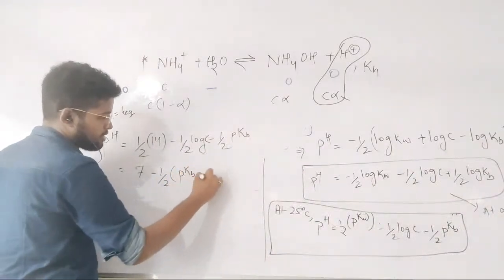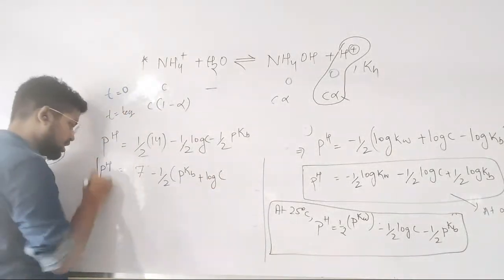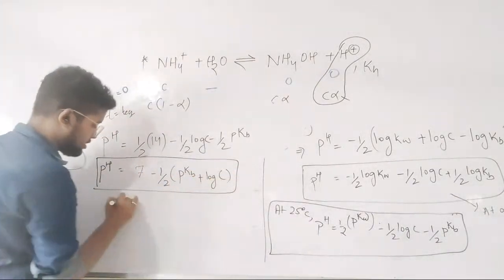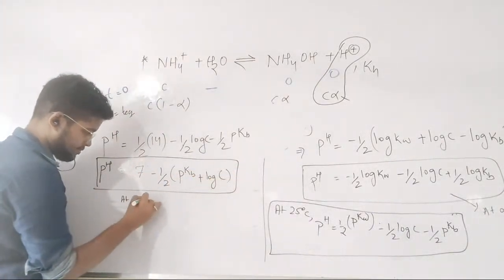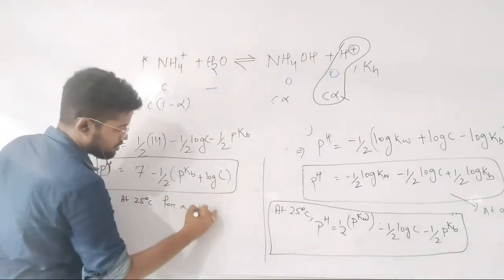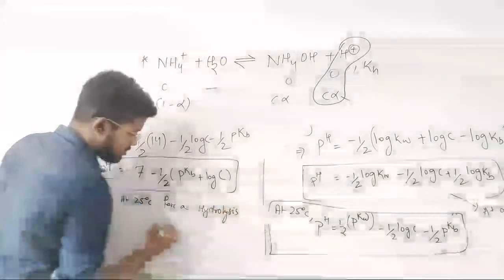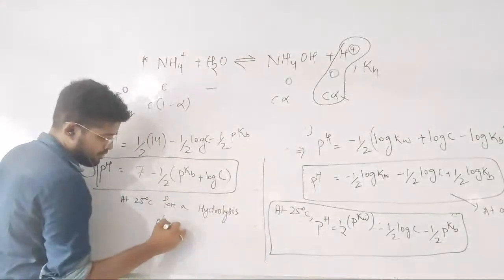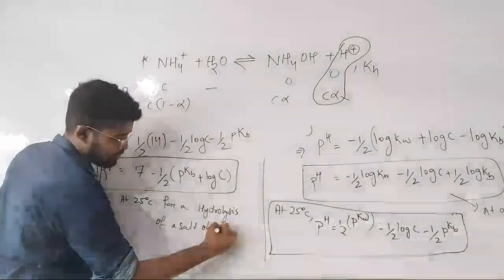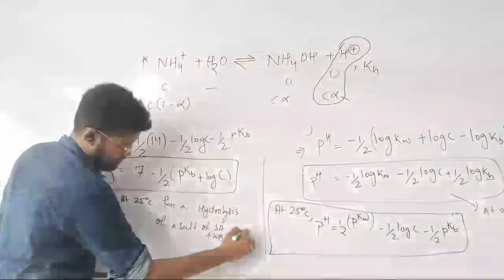pKb plus log C. So pH at 25 degrees for a hydrolysis of a salt of strong acid and weak base at 25 degree.